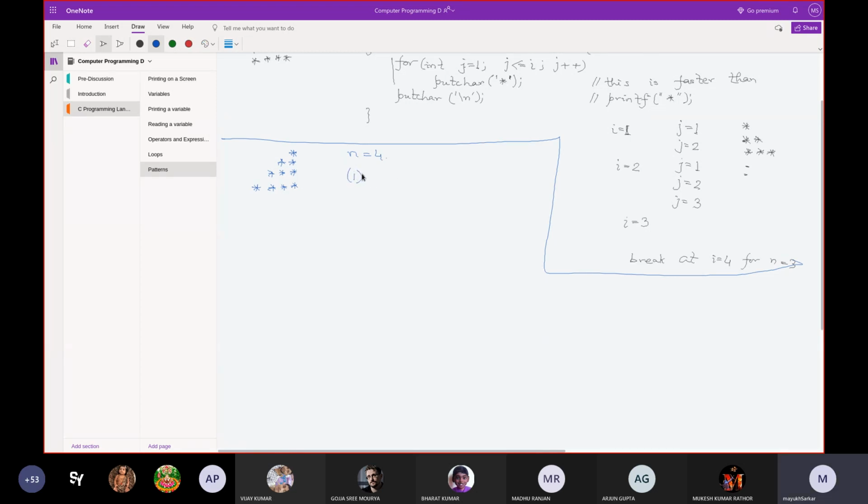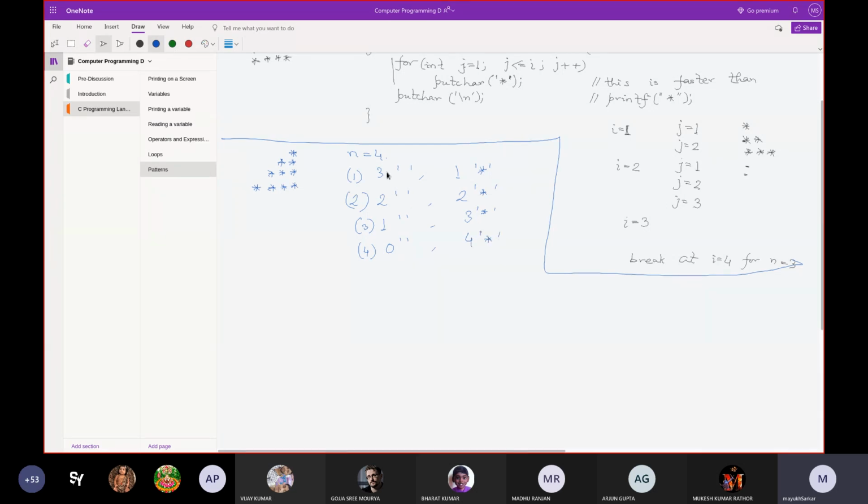First row: 3 spaces, 1 star. Second row: 2 spaces, 2 stars. Third row: 1 space, 3 stars. Whereas on the fourth row, there are 0 spaces and 4 stars.